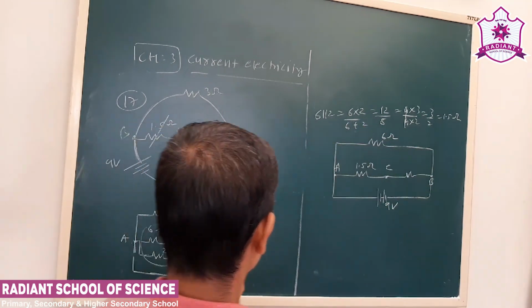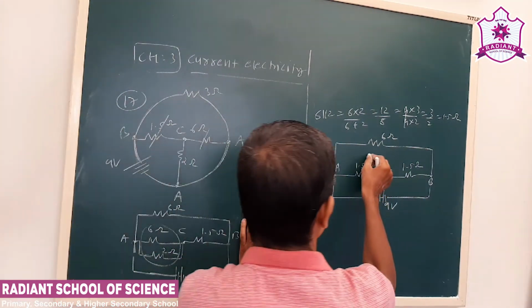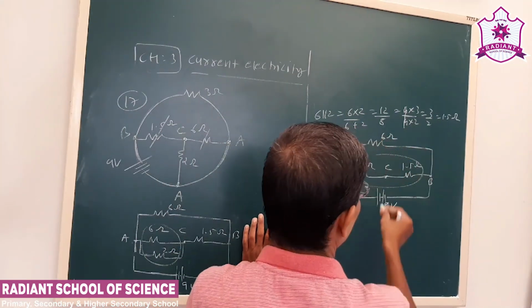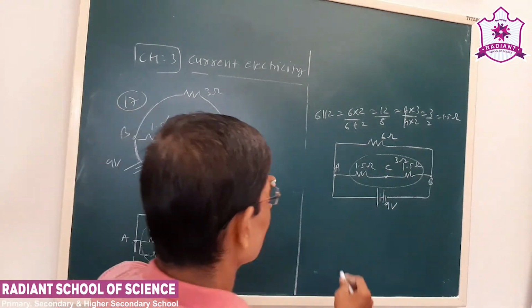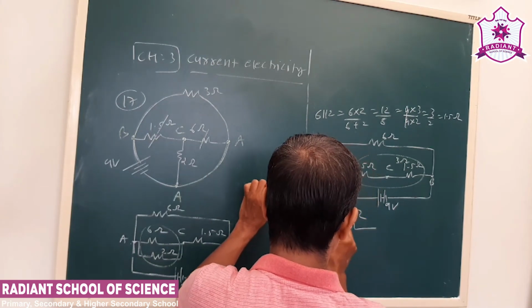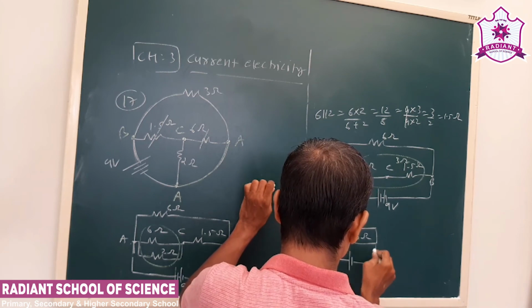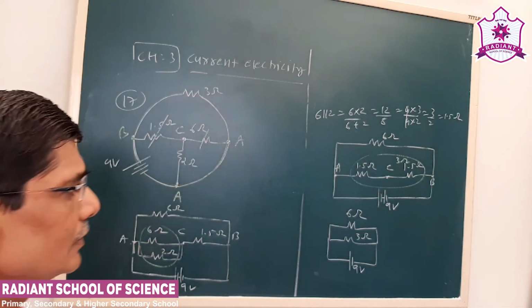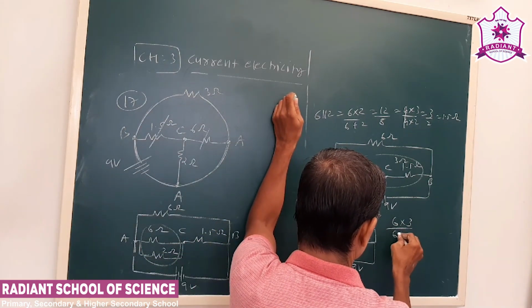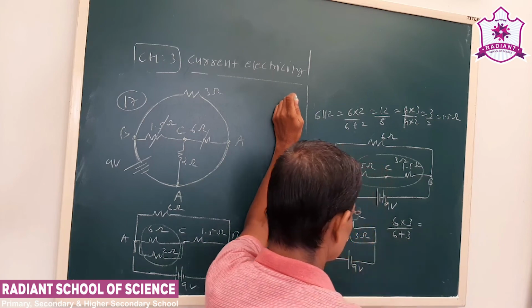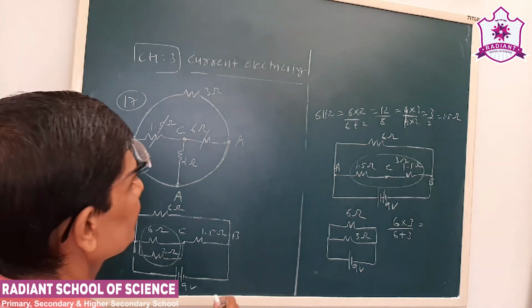Now between B and C, 1.5 ohm resistor. These two are in series, so 1.5 plus 1.5 will make 3 ohm. So finally 6 ohm in parallel with 3 ohm.